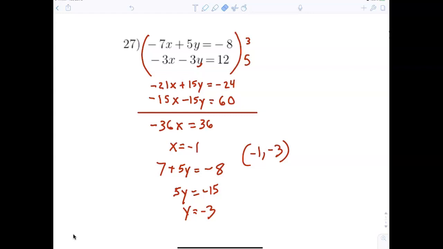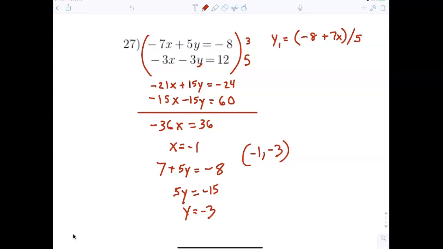Y1 is equal to, tell me. I just think everybody should be able to do that now after 2 weeks.